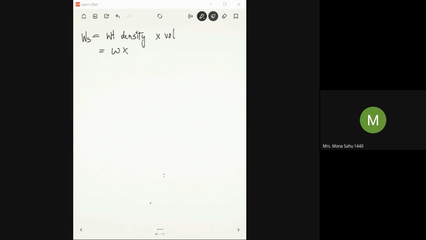So area of section multiplied by length. What is the area of the cross section for a solid shaft? Pi by 4, it's a circle, right? D square multiplied by length.